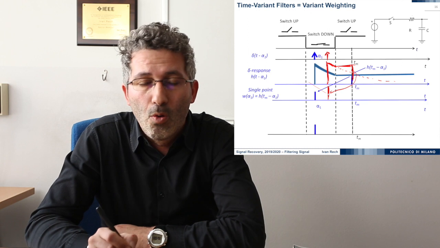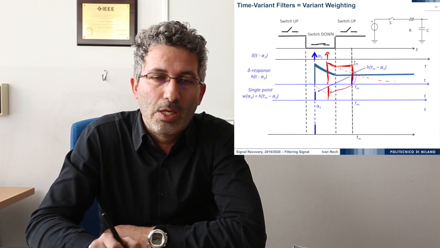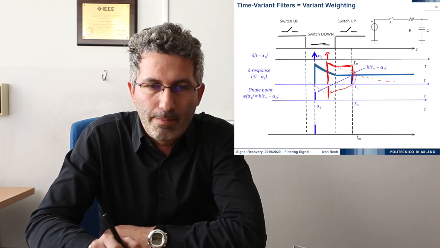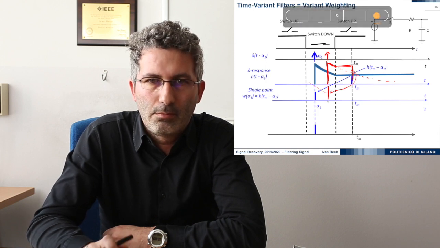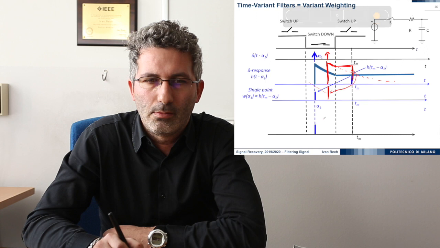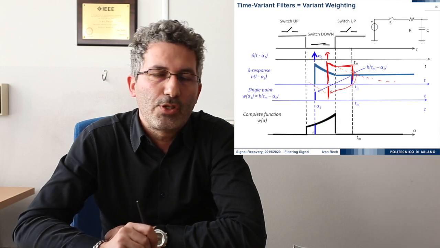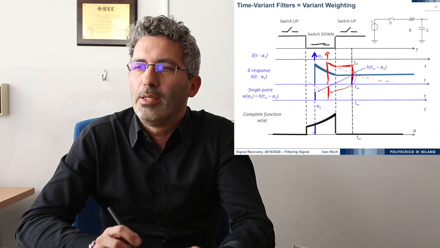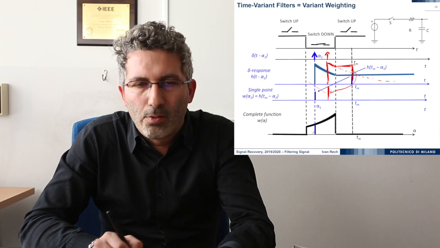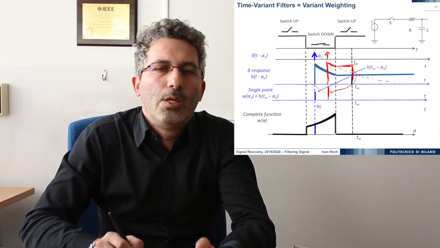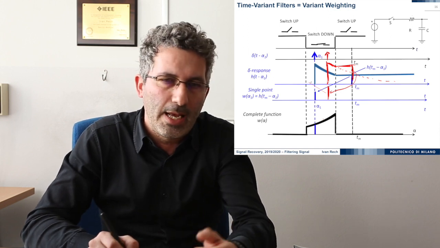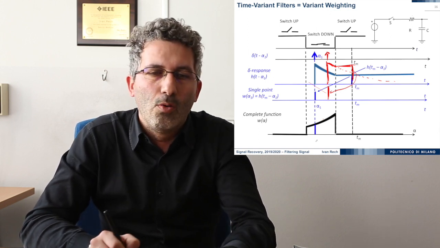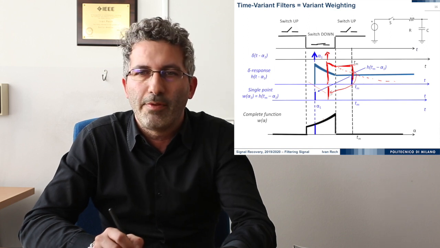If I calculate all the points, I will obtain this function here. Obviously, in the real world you don't calculate hundreds of points. You will understand that by calculating just a couple of points you can understand how to write the whole weighting function.